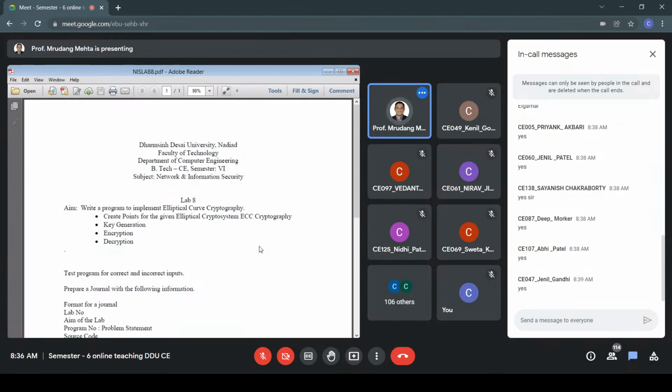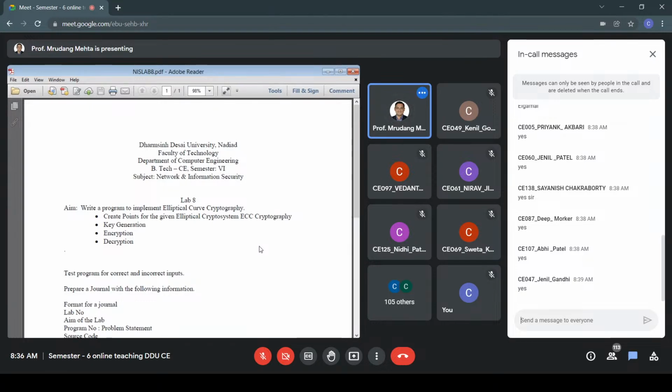You have done x plus y in normal arithmetic, where x and y are values. But when x and y are points, coordinates, then we have to redefine the plus operator. How the plus operation over points is carried out, I think that is also discussed.